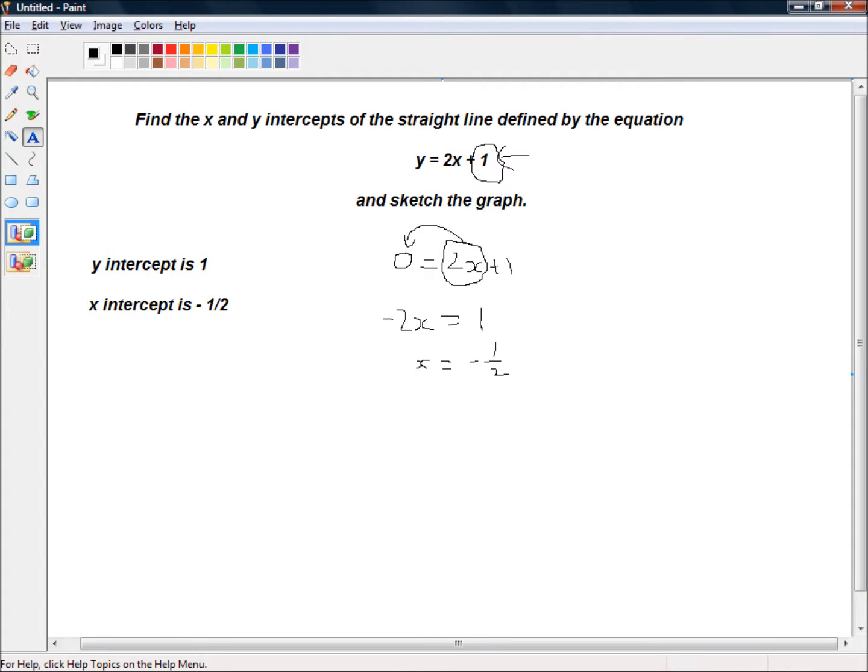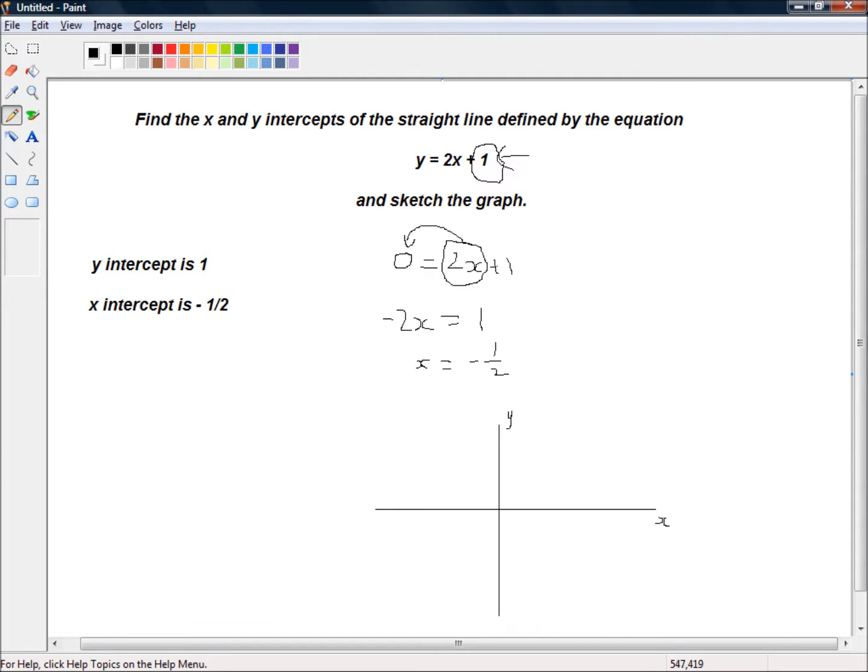And lastly, we're asked to just sketch the graph. So if I try and draw a graph, let's draw it down here. I've drawn my x and y axes. I suppose it's good practice to label your axes x and y. Okay, so we know that the y-intercept is 1.